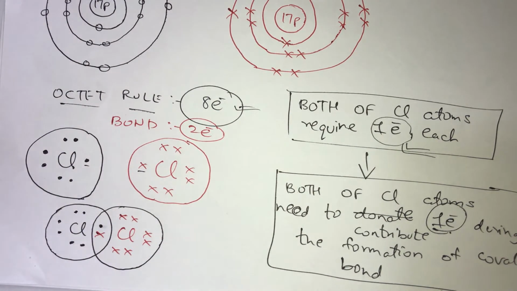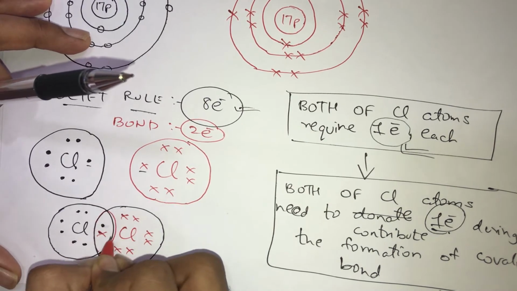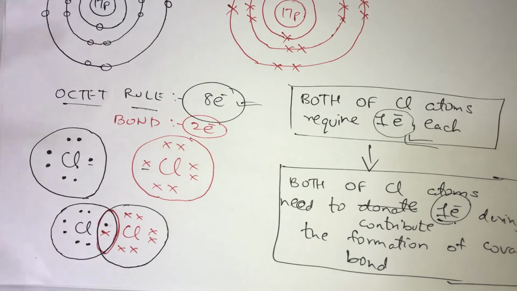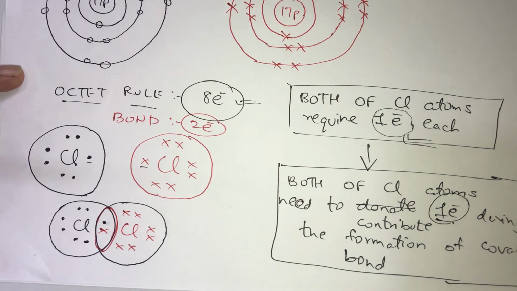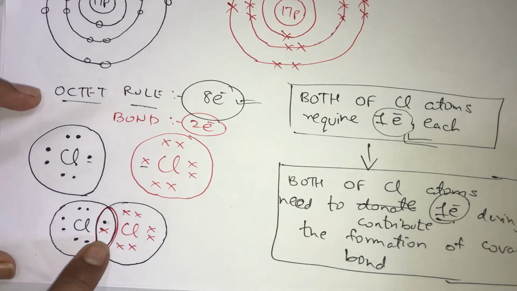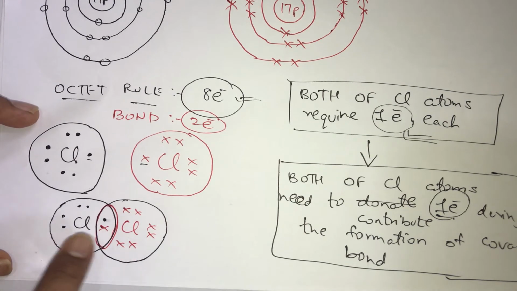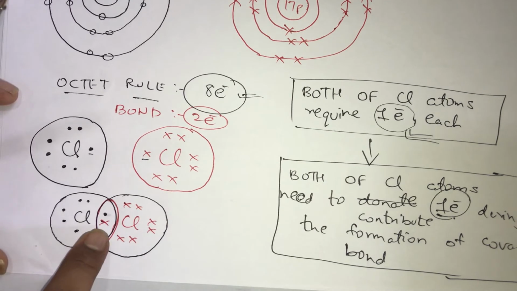Now here is the important part that you need to understand. This pair, this bond, or you can say this pair of electrons, does not belong to any single atom. Instead, this pair of electrons belongs to both of them. Both the atoms are going to share this one pair of electrons.